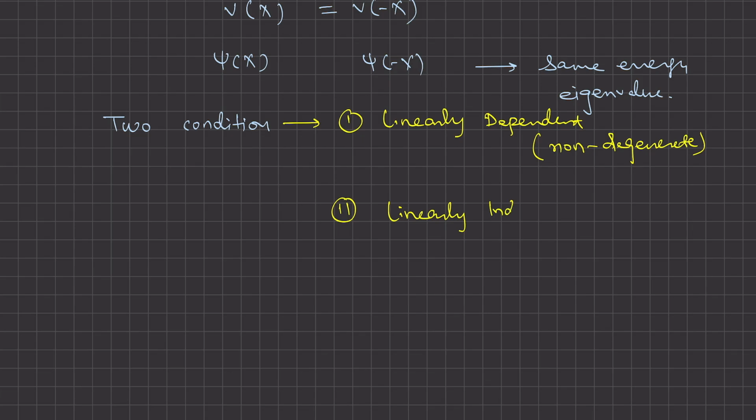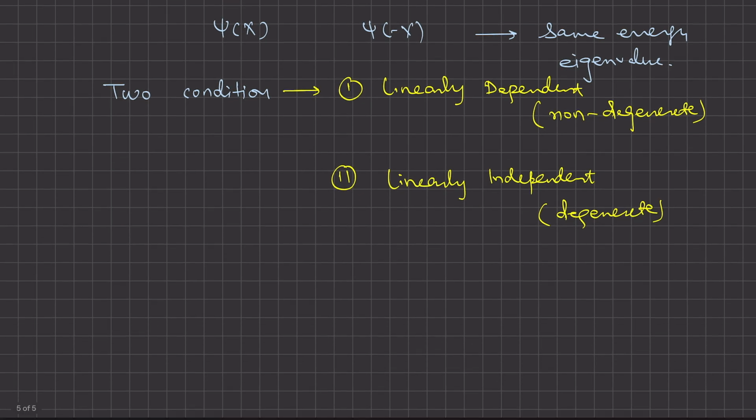And the second one is linearly independent. So it is the case for the degenerate, when obviously you have the same eigenvalue for different eigenfunctions. That is the crux. Same eigenvalue for different eigenfunctions. This should also be true. So these are the two conditions.